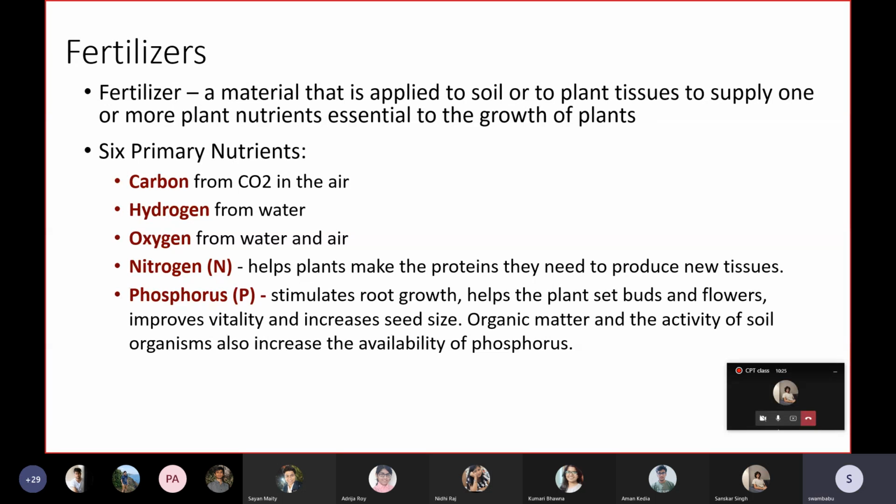Another important nutrient is phosphorus. Phosphorus stimulates the root growth. It also helps the plant to set buds and flowers.